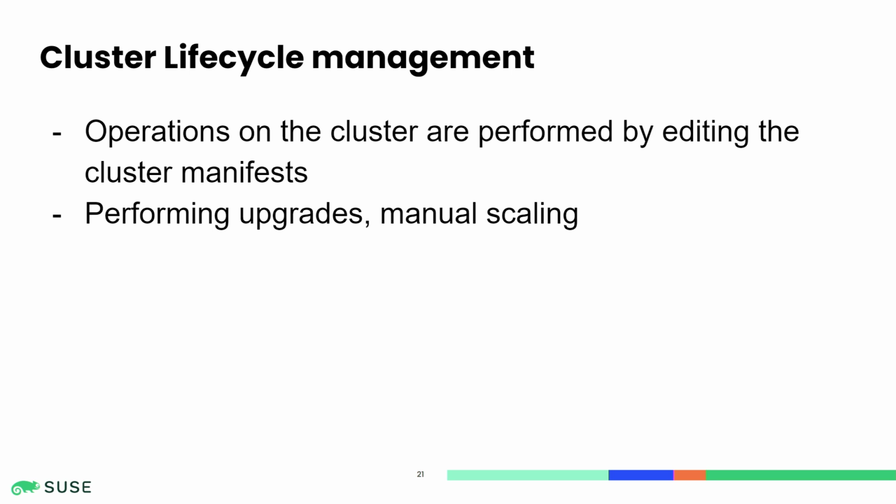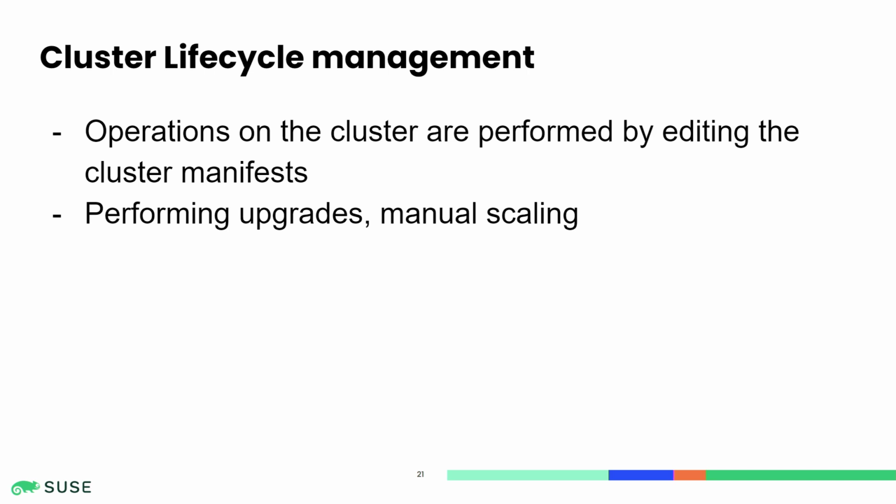Yeah, and we have some operations on the cluster that we will perform just by editing the manifest, upgrading the Kubernetes version, and scaling up the control plane, and see how CAPI and the overall Turtles extension perform the upgrades and scale.